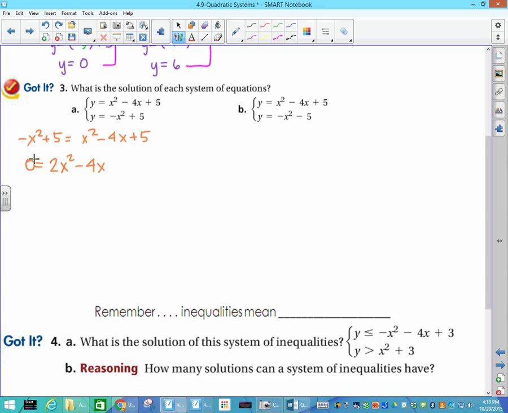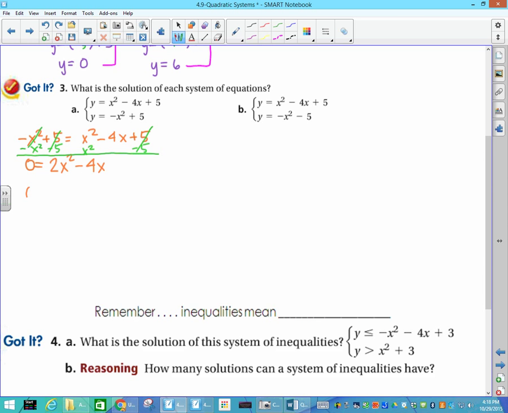Let me write that in there. I probably should write that because that may be a little more challenging. So what we did is we added x squared to both sides, and then we subtracted 5, which is why they canceled out on both sides there. Okay, so again, we're solving the quadratic. It's set equal to 0.